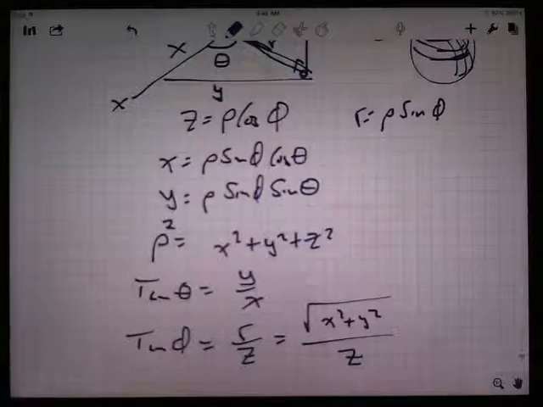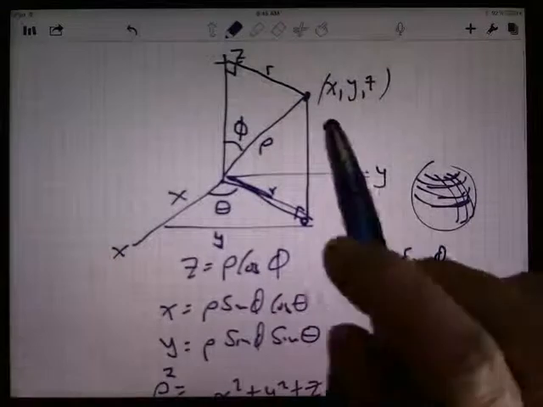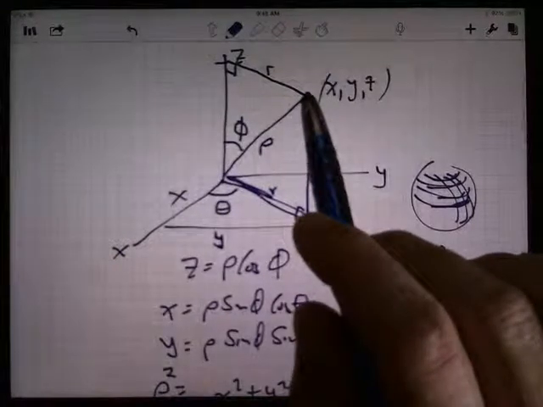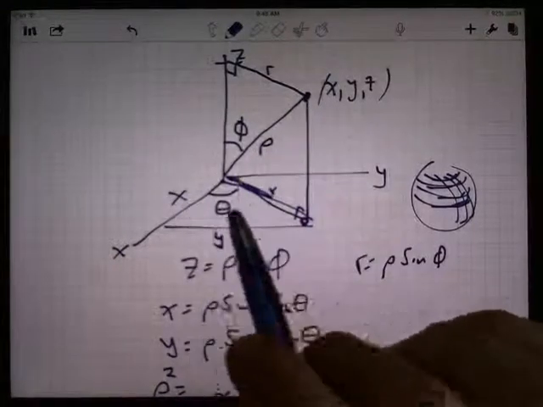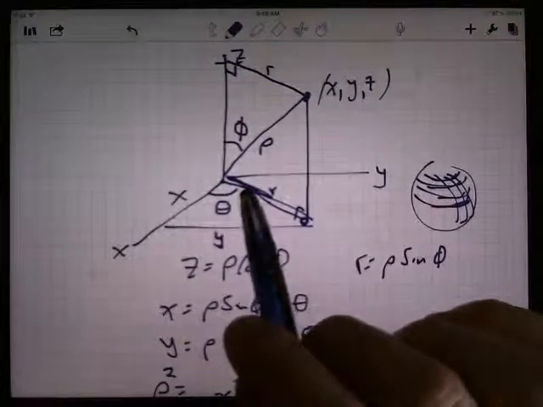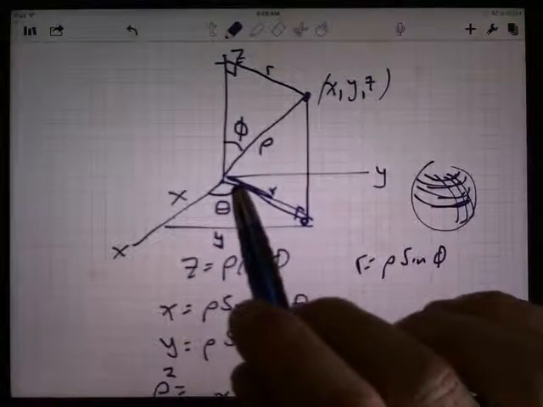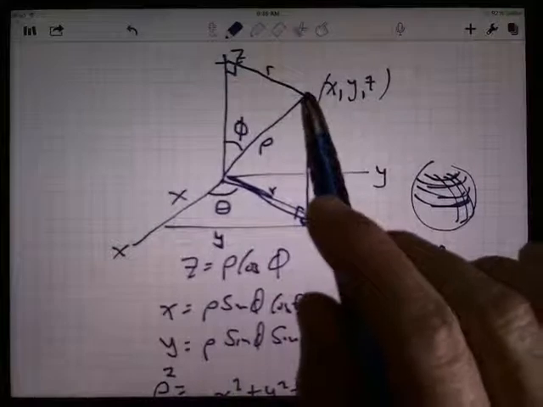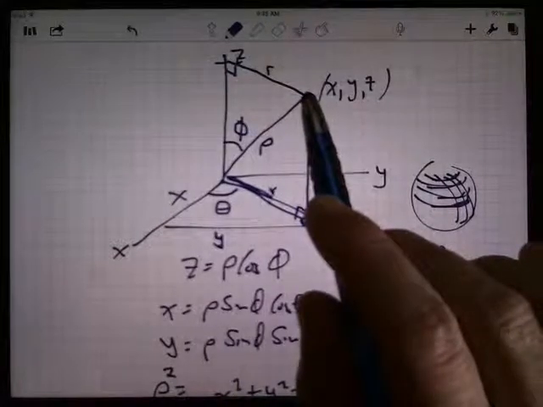The thing is, just like polar coordinates, any point in space has multiple representations in spherical coordinates, right? As long as you take anything coterminal with theta here, you're going to end up with the same spot.